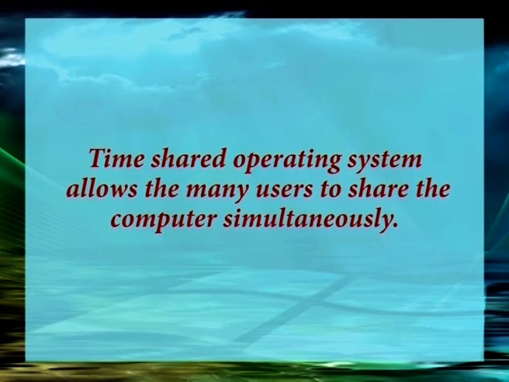Time shared operating system allows the many users to share the computer simultaneously. Since each action or command in a time shared system tends to be short, only a little CPU time is needed for each user.